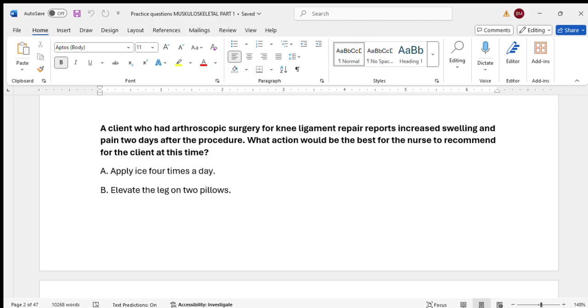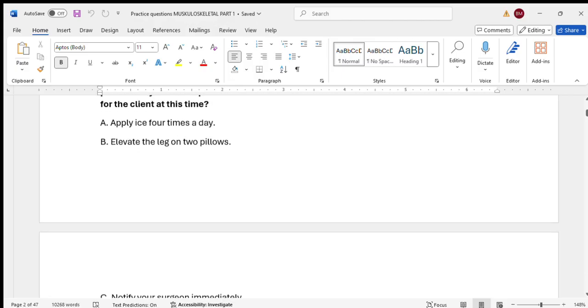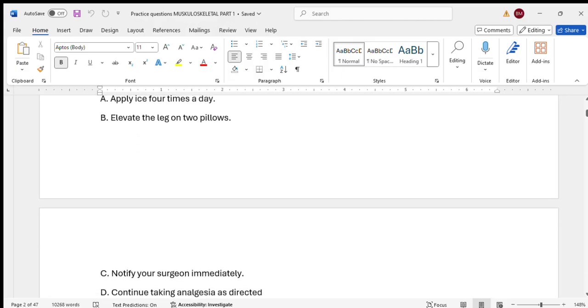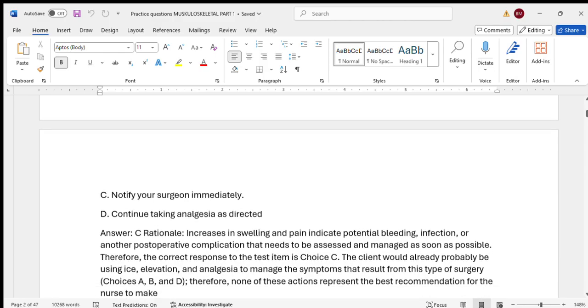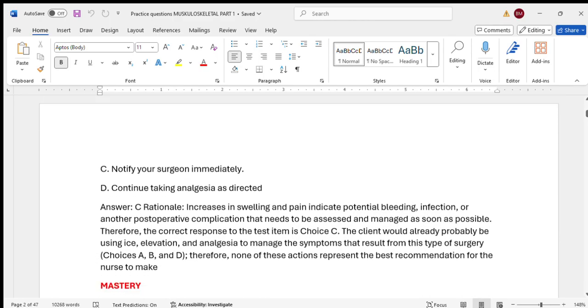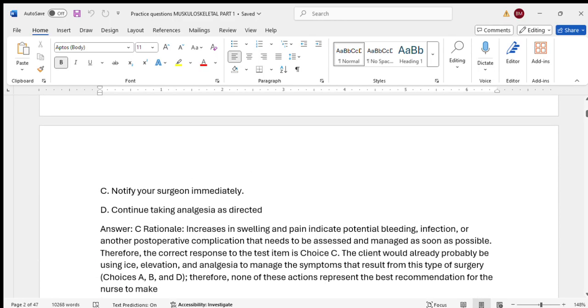So this patient had a procedure, but after 2 days, there is an increase in swelling. So we need to tell the surgeon; ice is not the priority right now. Why is this patient having an increase? They need to investigate, okay? Because swelling and pain indicate potential bleeding, infection, or another postoperative complication that needs to be assessed and managed as soon as possible. So that's why the correct answer is C.